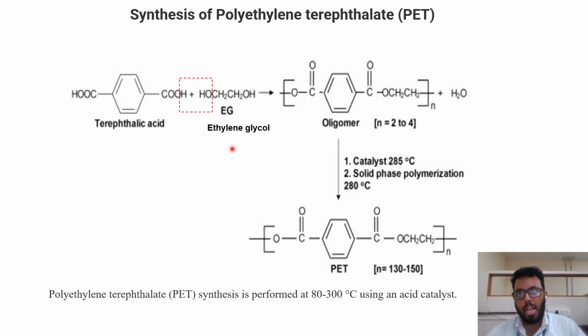Instead of the unsaturated double bond, you will have a single bond, and each carbon will have one hydroxyl group attached. So it is a dihydroxy alcohol, ethylene glycol. Here, the hydroxy part of this ethylene glycol reacts with the hydrogen from the carboxyl group, and it will undergo a condensation reaction and form an oligomer.